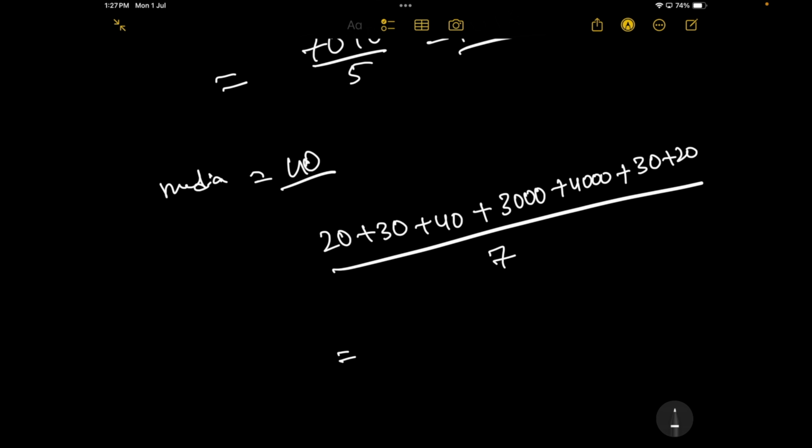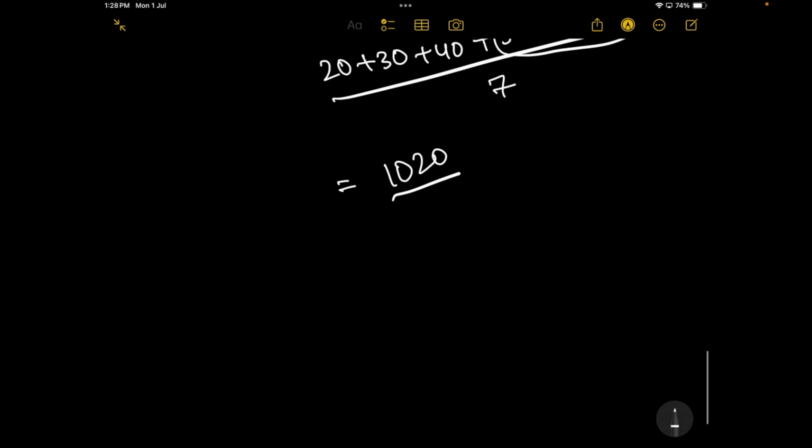If I do a quick calculation, 20 plus 30 plus 40 plus 3000 plus 4000 plus 30 plus 20, that is 7140 divided by 7, which equals 1020. Is that true? Am I getting 1020 every single day on average? No. So that is the drawback of the outliers.